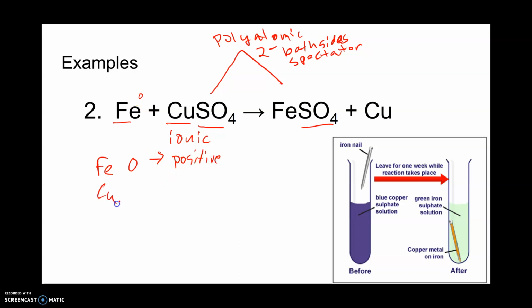The copper has gone from positive to 0, because on the reactant side, it's a pure element. So that means copper has been reduced in this reaction, and iron has been oxidized.